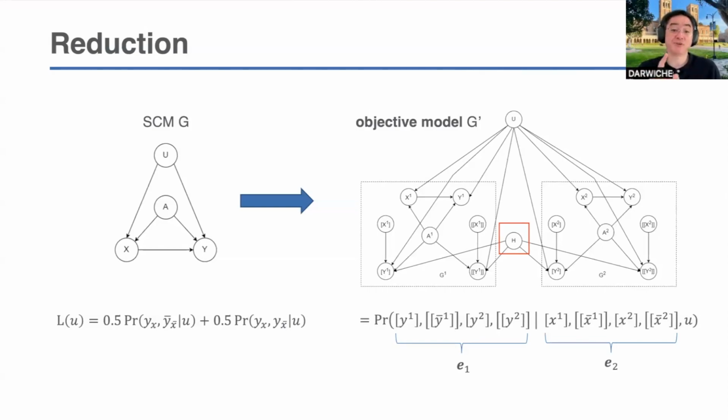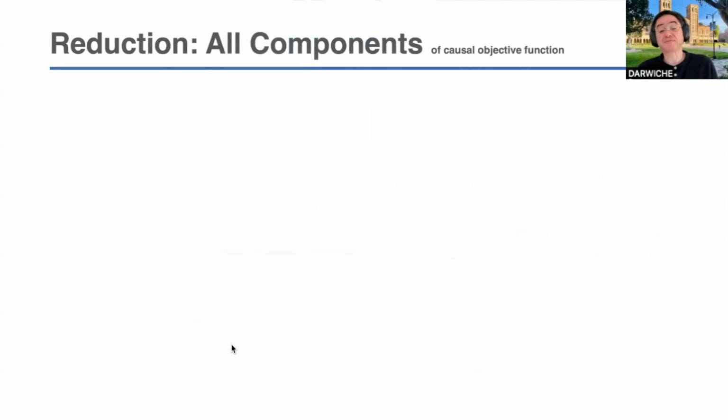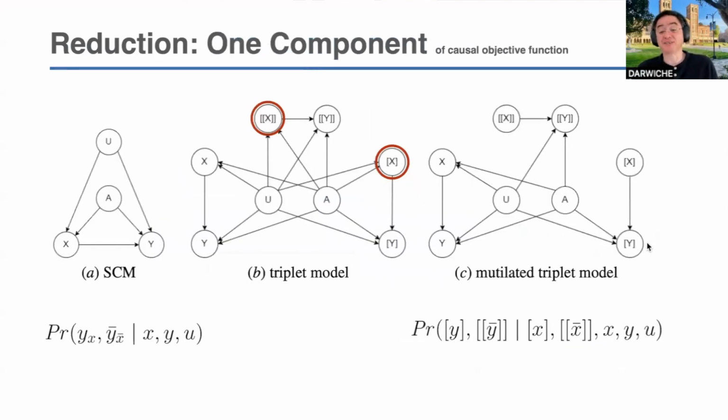Now you think this algorithm is exponential in the number of unit variables. No, it's worse. Why? Because if I give you a particular instantiation of the unit variables, you have to evaluate this. And to evaluate this, you have to evaluate each component. So to evaluate each component, you have to run inference on a triplet model.